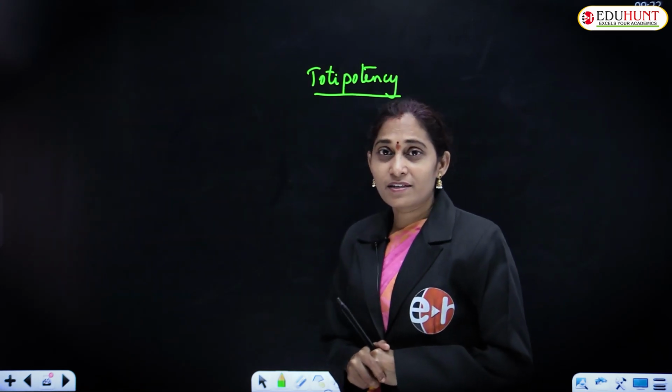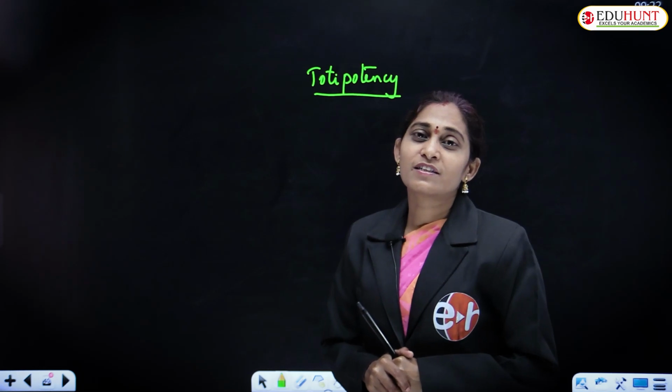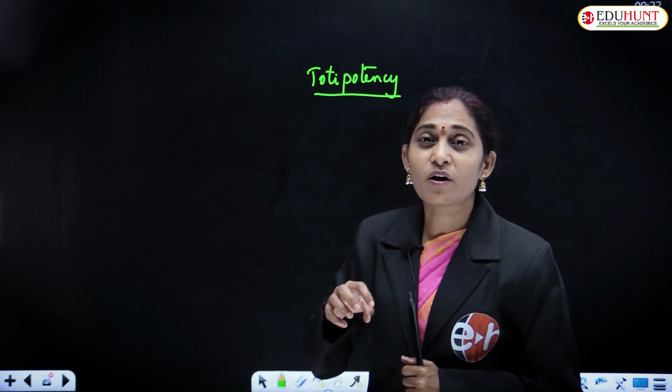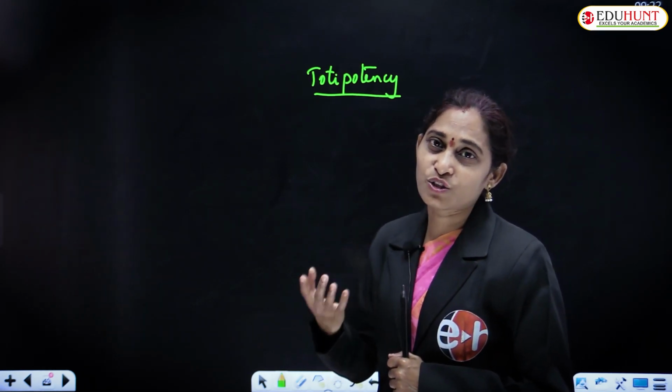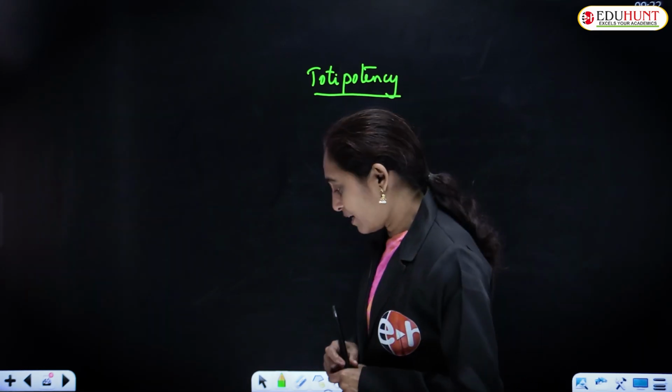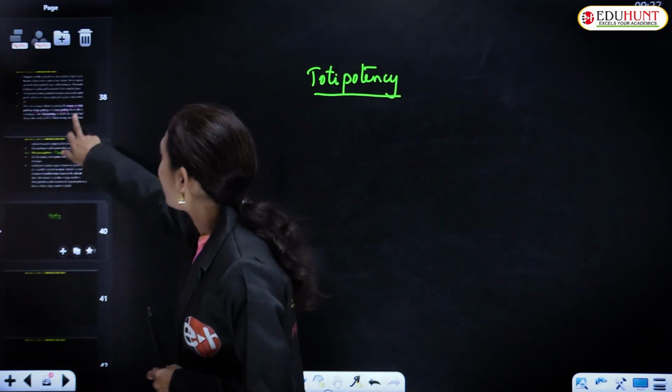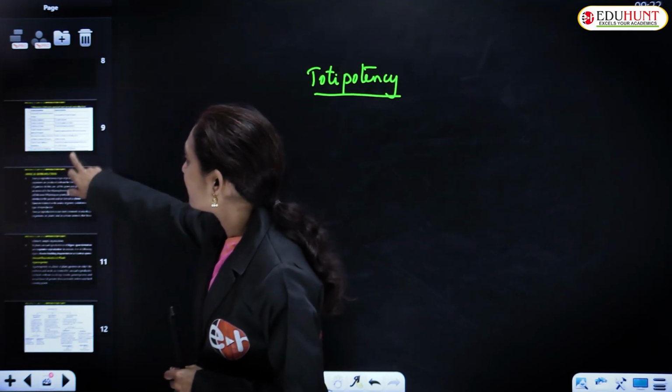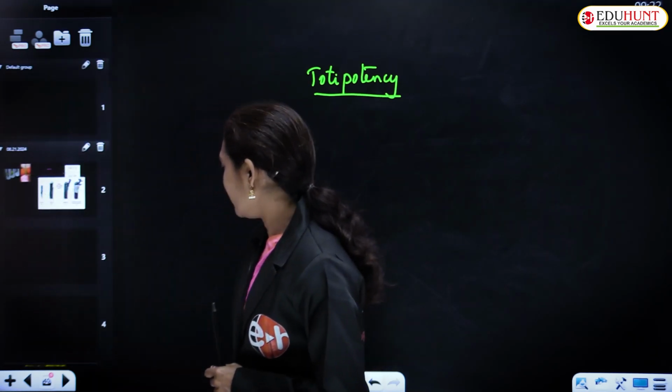Micropropagation is nothing but propagation in a small environment, or in a test tube. This is called tissue culture. It is performed in the laboratory, and I'll show you a picture of how the plants were obtained during the tissue culture technique.